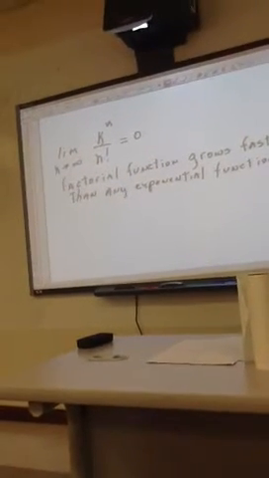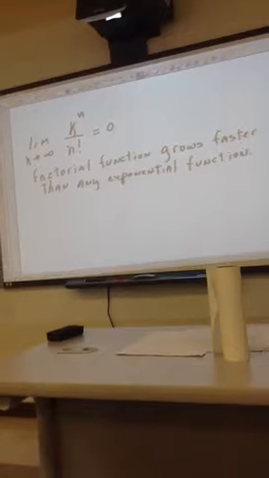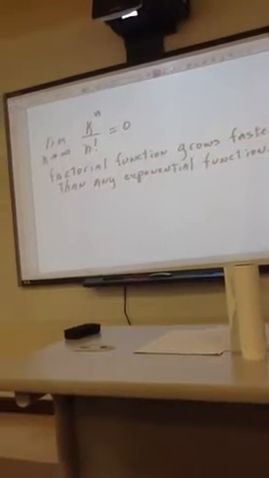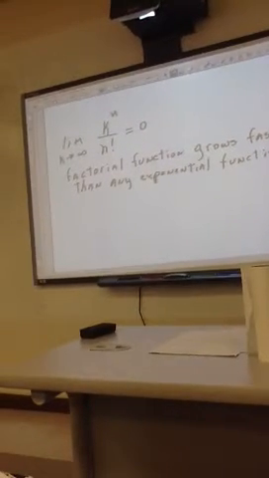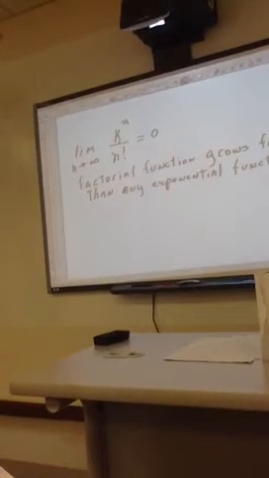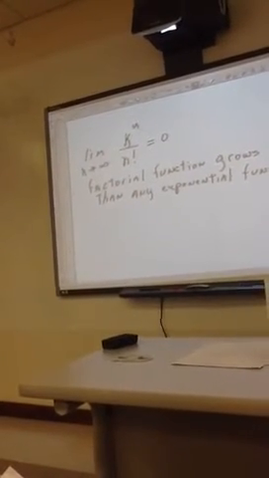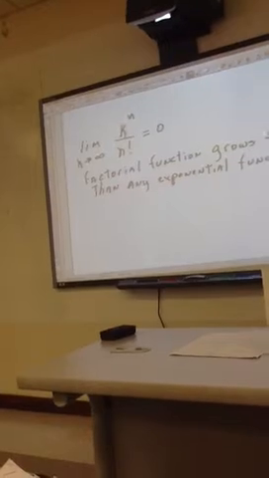Example 5 suggests something about the rate at which n factorial increases. Figure 9.2 suggests both 1/2 to the n and 1 over n factorial approach 0. Yeah, we know that. But 1 over n factorial approaches 0 so much faster than 1 over 2 to the n that the limit of 1 over n factorial over 1 over 2 to the n, that's the statement you need to have some feeling for.